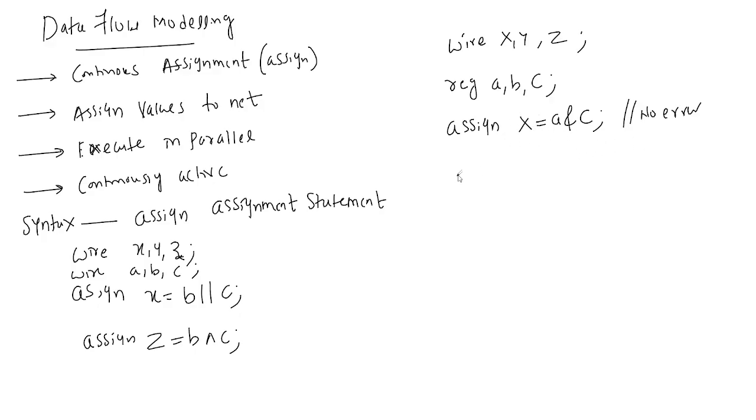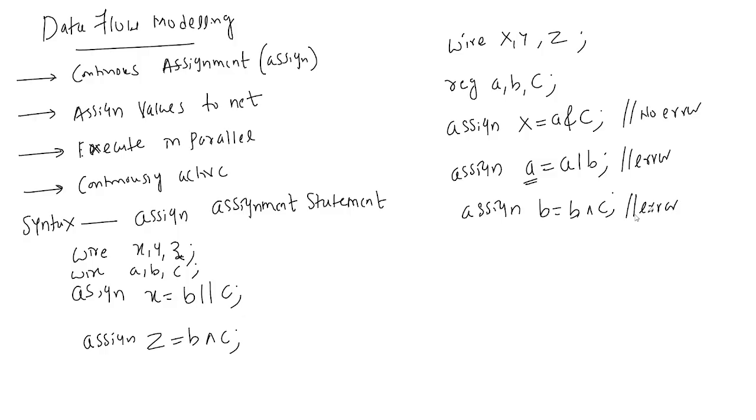But if you write assign a equal to a or b, you will get an error, because a was declared as a reg data type and you are driving it on the LHS with an assign statement. Similarly, assign b equal to b XOR c also gives an error, because b is a reg data type.